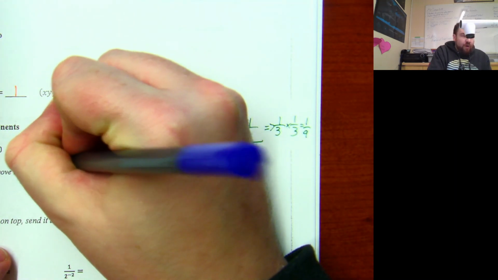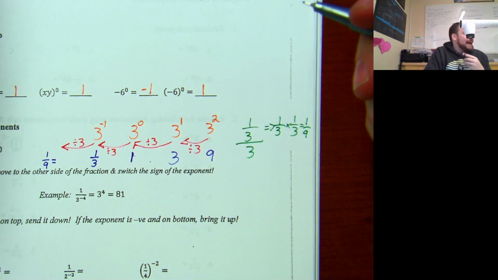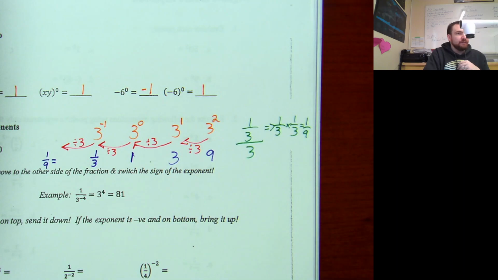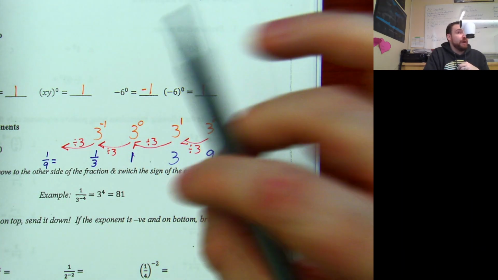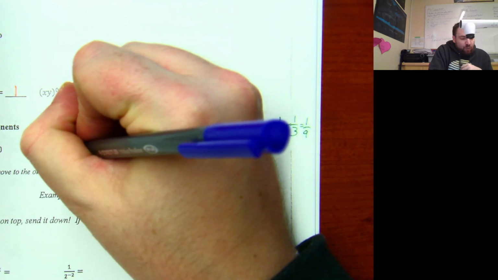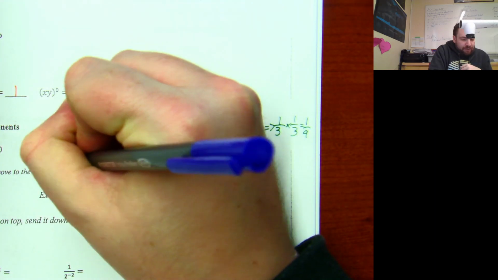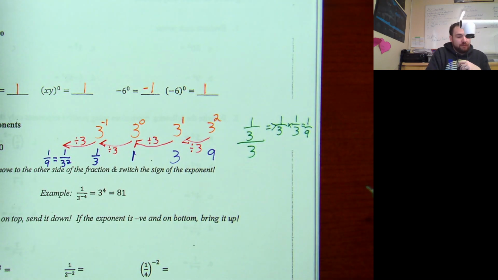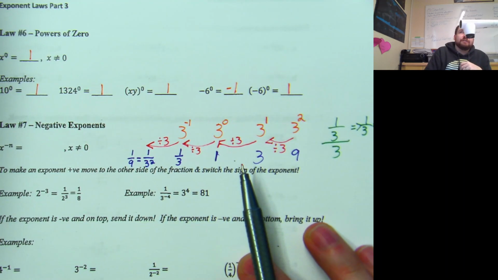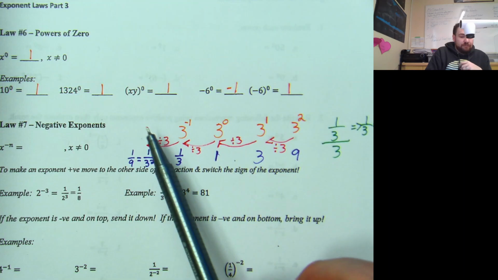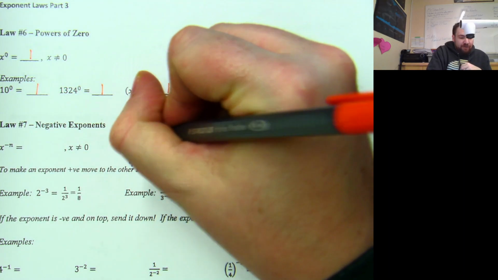But I can rewrite 9. How can I write 9 as a base 3? How can I rewrite 9 with a base of 3? Rebecca. 9 is 3 squared. So this is the same thing as 1 over 3 squared. What's that going to look like on this orange line here? 3 to the power of -2.